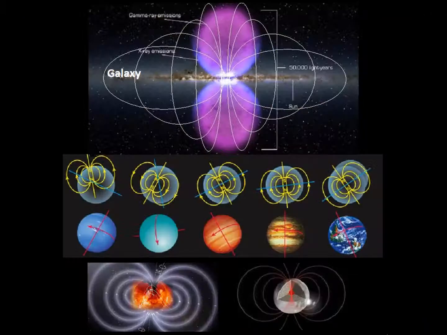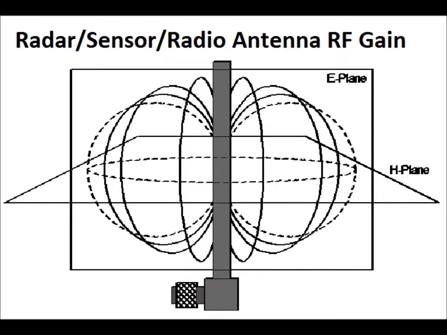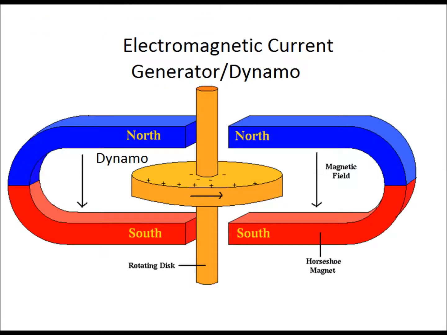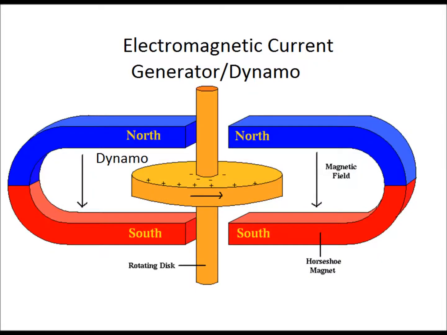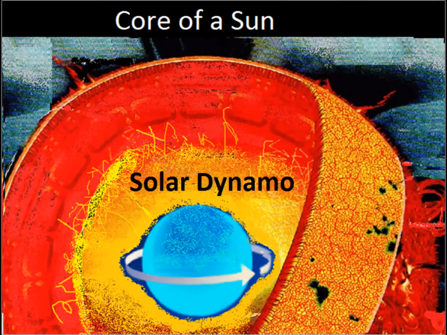The electromagnetic fields produced by the planets are largely generated by internal dynamos at their cores. The churning and turning movement of these dynamos generate electromagnetic fields.